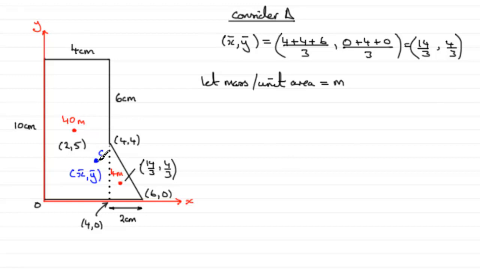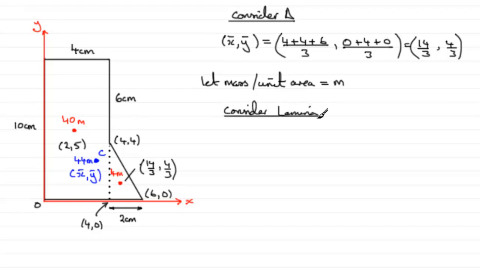So we've got a total mass here of 44m. So all we need to do now is take moments in the usual way about the x and y axis. And so our equation for that, if we consider the whole lamina, let's just mark in another subtitle here, consider the lamina.